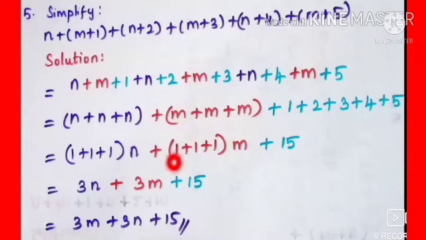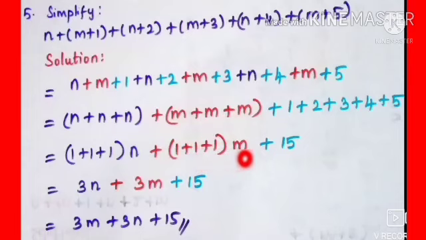Now in the next step, what will we do? Yes, we have to add the coefficients of like terms separately. So here the coefficient of n is 1 plus 1 plus 1, which is 3. So 3n, and the coefficient of m is 1 plus 1 plus 1, which is 3.